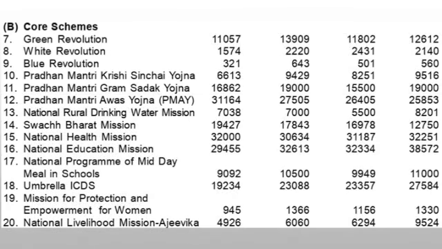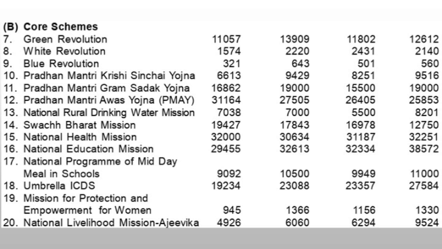Then let us see the core schemes. I said core schemes are almost all 26. So if you see, friends, Green Revolution has got a major contribution, 12,000 crores. Then Pradhan Mantri Krishi Sinchai Yojana 9,500, Gram Sadak Yojana 19,000 crores, Pradhan Mantri Awas Yojana 25,853 crores.